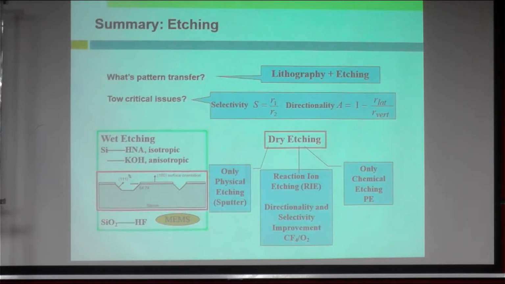So in summary, for etching, pattern transfer can be done from lithography and etching. What is important is the selectivity of the material, whether the material will be undercut or straight cut, etc. To form a good structural geometry depends on what process you are using and what material is used for the masking, as they have different selectivity.